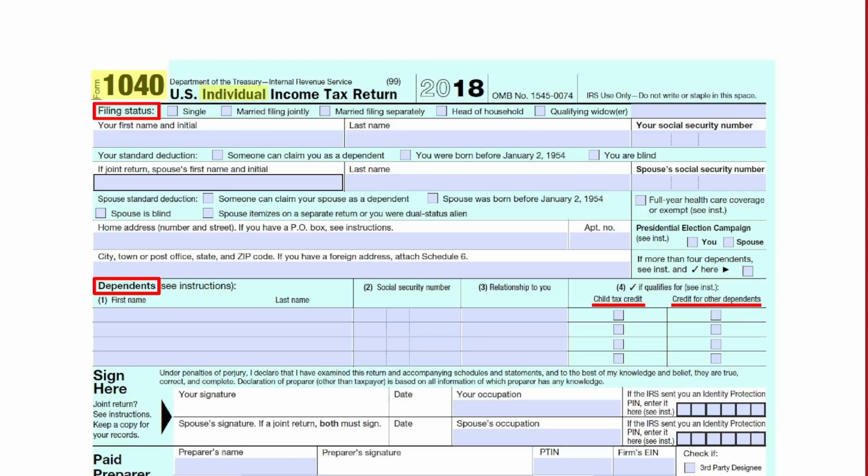So think about a husband and a wife, a married couple having two kids. So that's two dependents out here. Also having a dependent mother living in with them. That's another dependent. So for the two children, they could be eligible for the child tax credit. For the dependent mother, the couple could be eligible for the credit for other dependents.